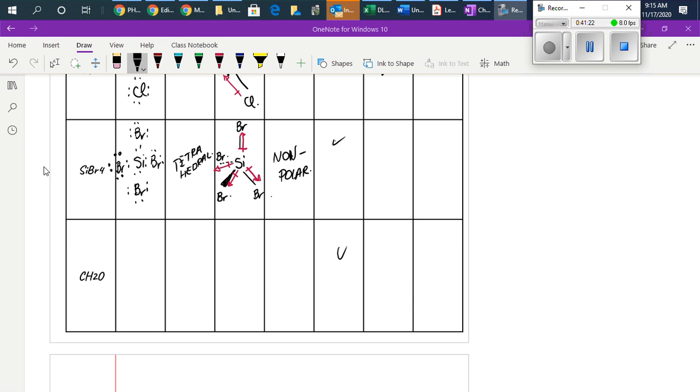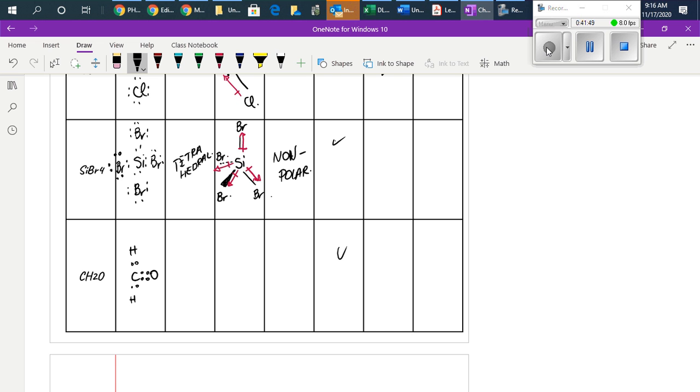And so now we have CH2O, and the Lewis dot diagram for CH2O will be something like this. Carbon is here, then we have a double bond with the oxygen, and then single bond with the hydrogen.